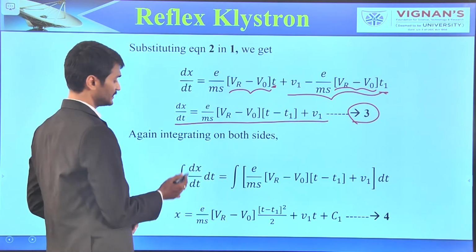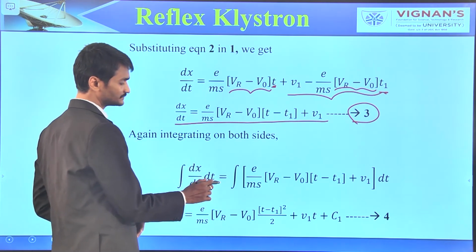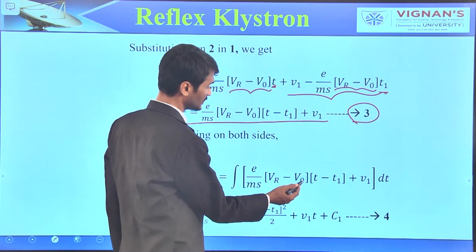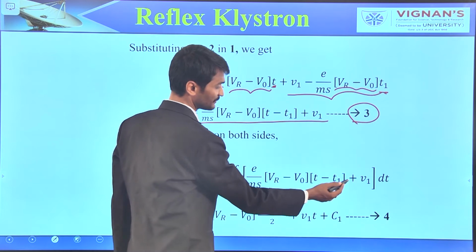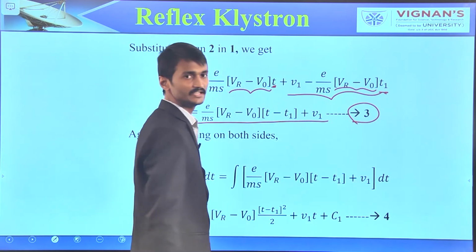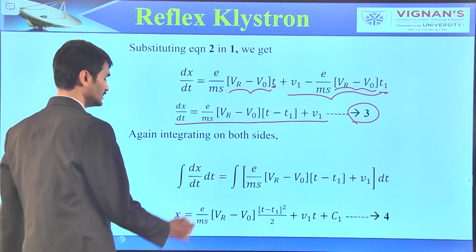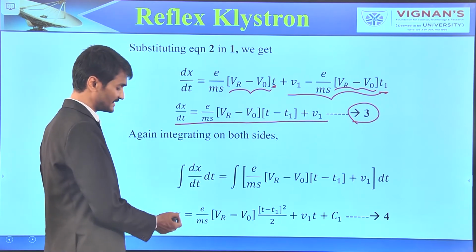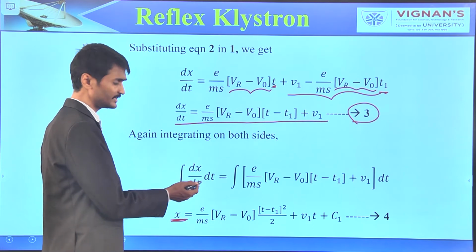So now integral of dx by dt is equal to integral of E by m s (Vr minus V naught) into (t minus t1) plus v1 dt. After integration with respect to t, dx by dt becomes x.